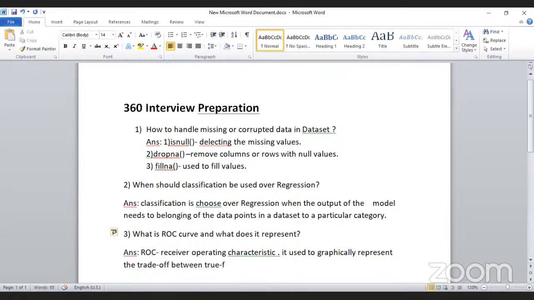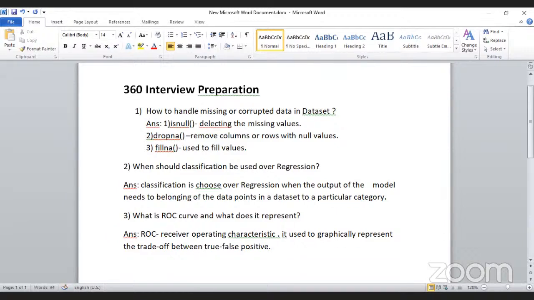Let's write. ROC curve is nothing but receiver operating characteristics, and it is used for graphical representation of the trade-off between false and true positive rate.